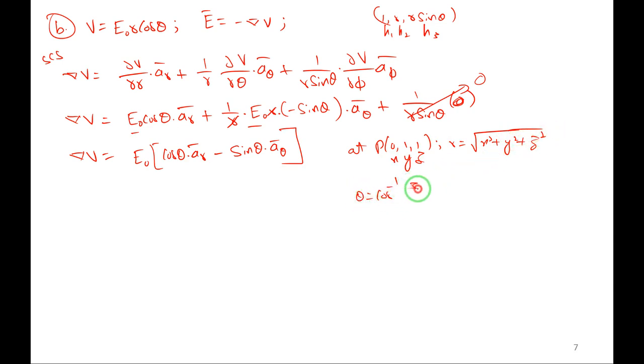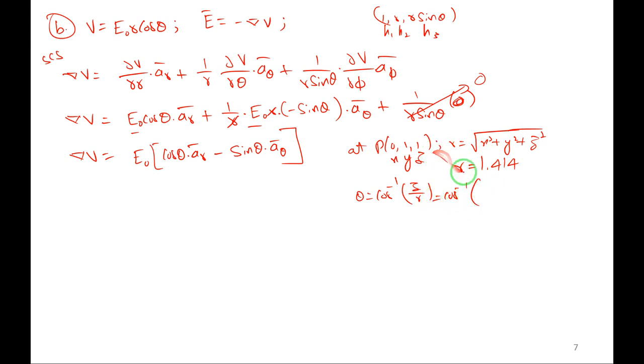So first calculate r so that I can calculate theta. Square root of x squared, 0 squared is 0, leave it. Then y squared is 1, plus z squared is 1, root. So I am getting 1.414.